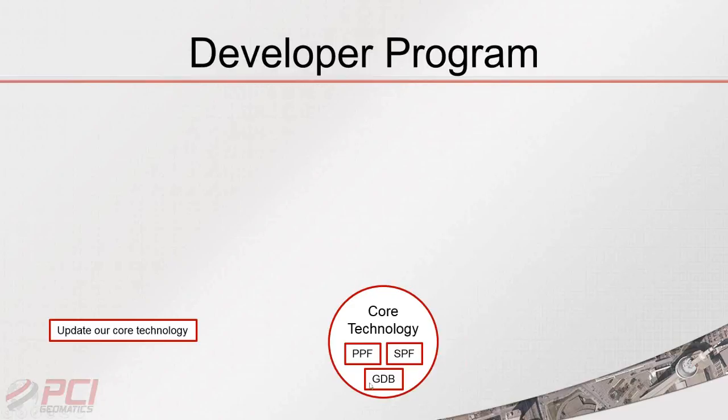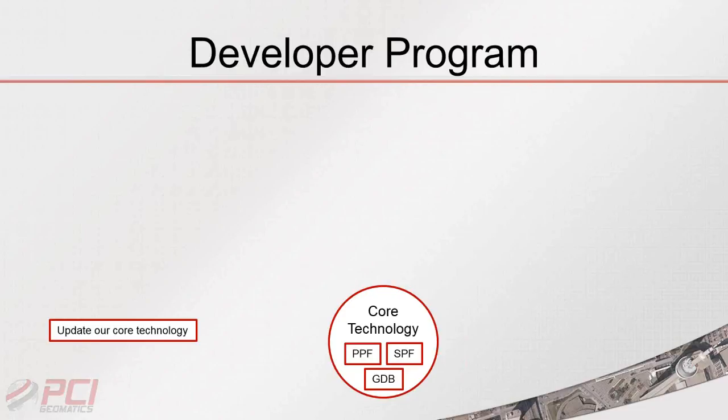And then we have our generic database technology, which supports different sensors, and we're constantly updating that with new sensor technology. For example, Spot 7, which is new, ComSat 5, Worldview 3, all of these new sensors that are constantly being added in our industry, we're adding those to our core technology.